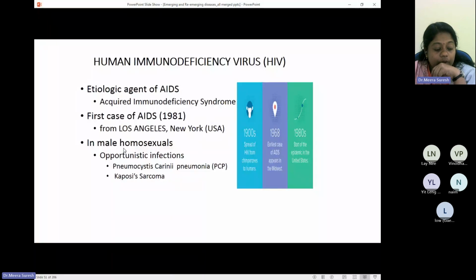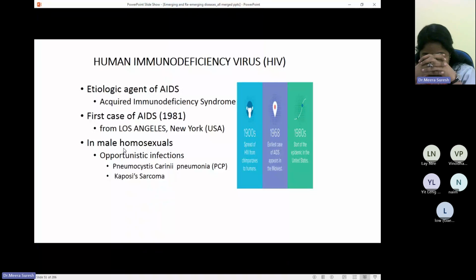Now, I don't know whether you remember or not, when we were discussing the epidemiological studies, I was giving you the example of how AIDS was first discovered, because it was discovered in America itself, in Los Angeles.